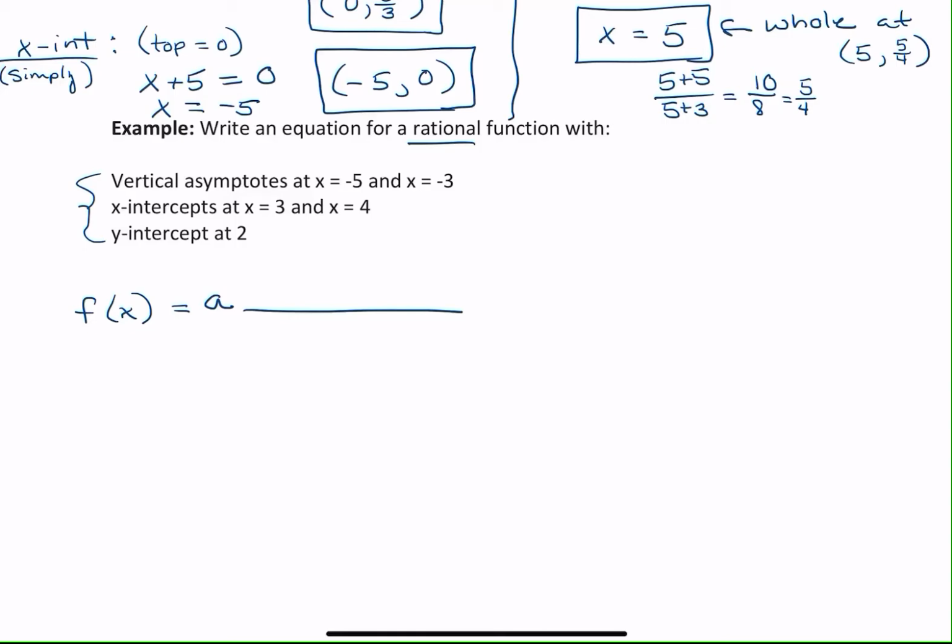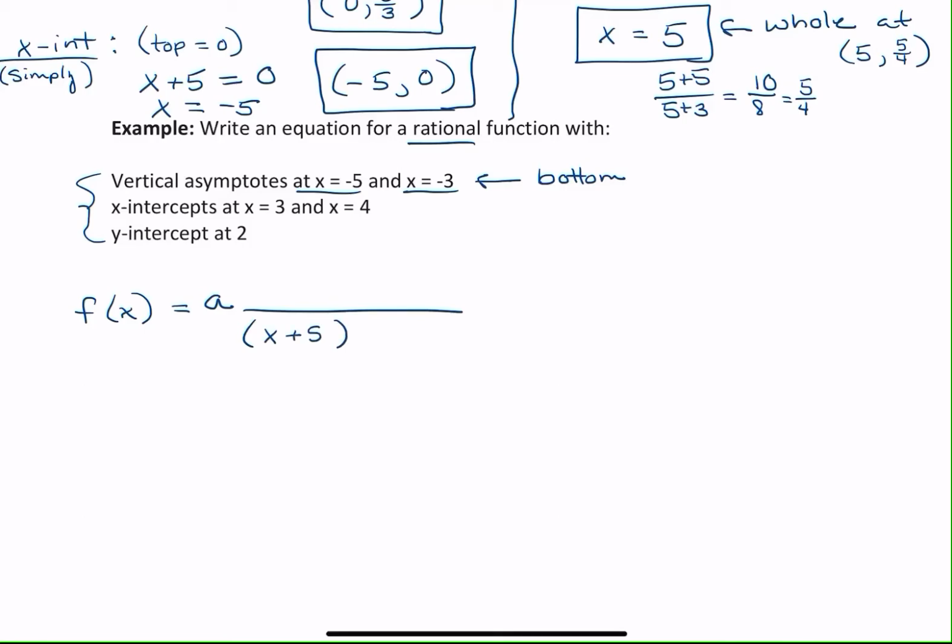And then from the characteristics, I know I have a vertical asymptote at x equals -5 and x equals -3. Remember, vertical asymptotes is where the denominator equals 0. So you need to rewrite them as factors, and they're going to go on the bottom of your function. So that x equals -5 would be a factor of x plus 5.